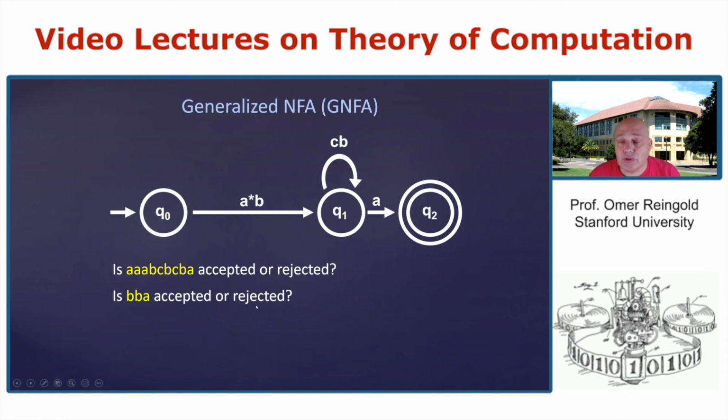So this is rejected. There is no path from start to end that accepts that. Is BCBA accepted or rejected? This is accepted because you can take B here, then CB here, and then A.